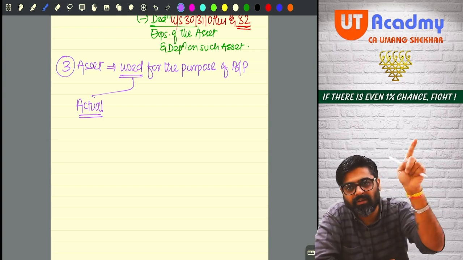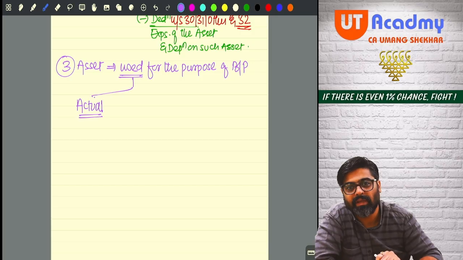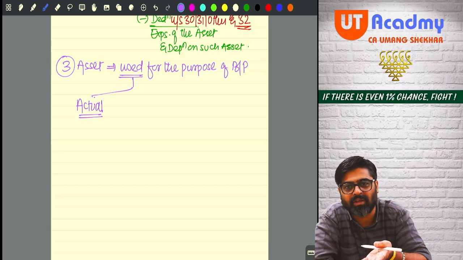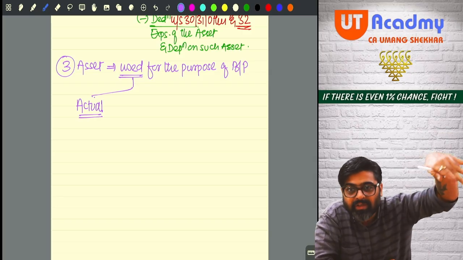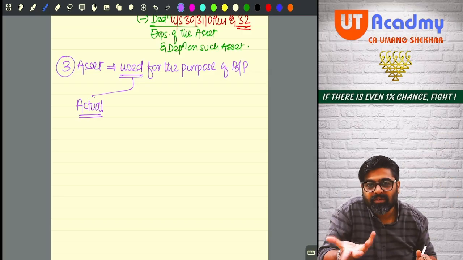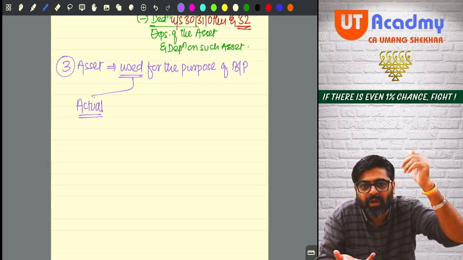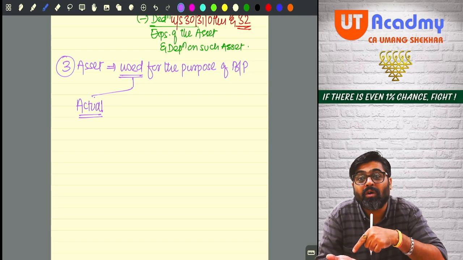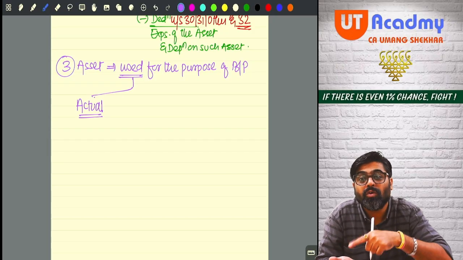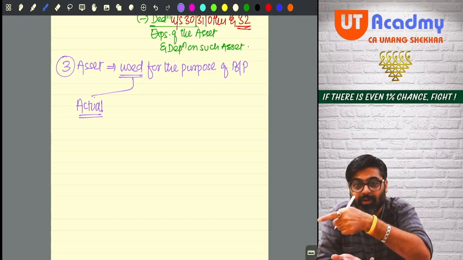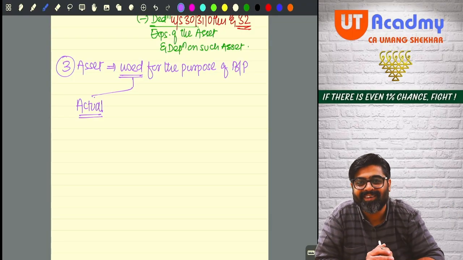But what if the asset is not used in the business? If the asset is not used in the business, to earn this income, this asset is not helping. This asset is not helping to earn this business income. So how can you claim the cost of that asset as a depreciation from this income? It will not be allowed. Getting my point?